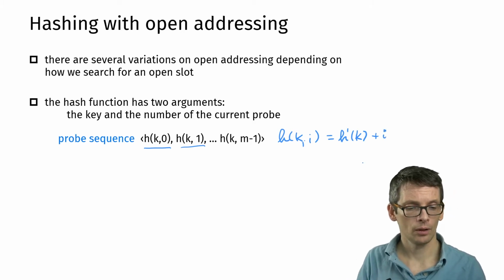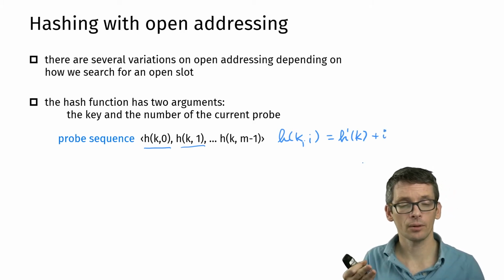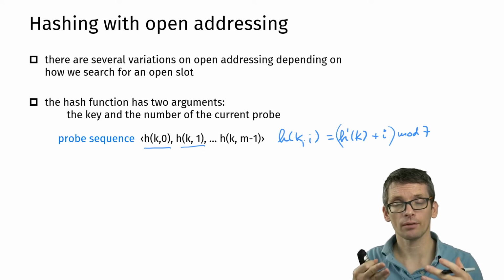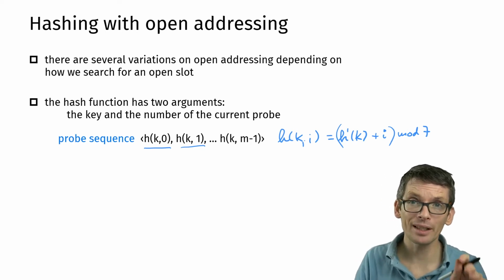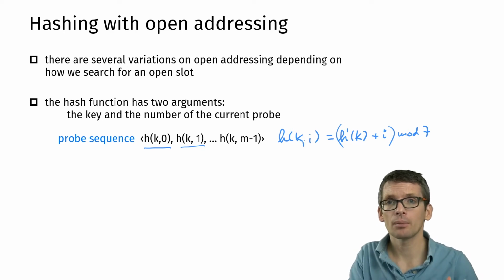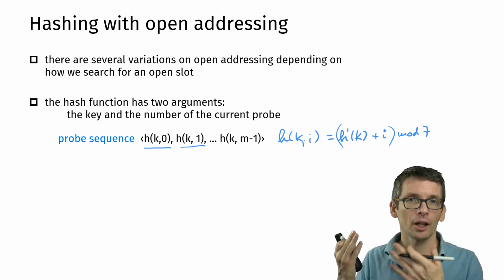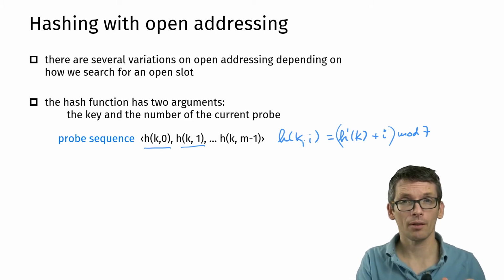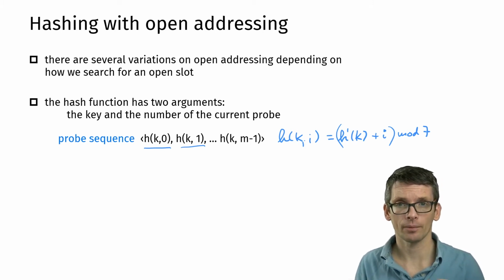So this is the probe sequence that we would have been trying there, obviously making sure that we stay within the table by doing modulo 7. So this is just an example. We will see that in a moment again. I'm just giving it here to make this a bit more concrete. So you can think about general probe sequences, but if you want to have something concrete, you can also simply think about this hash function.